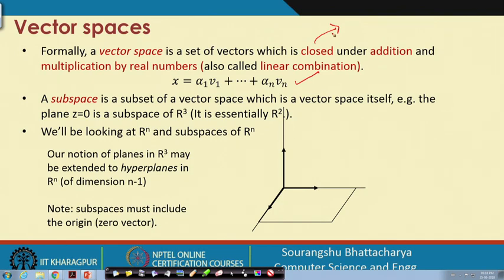For example, you can see here that these coordinate axes denote the 3-dimensional vector space.